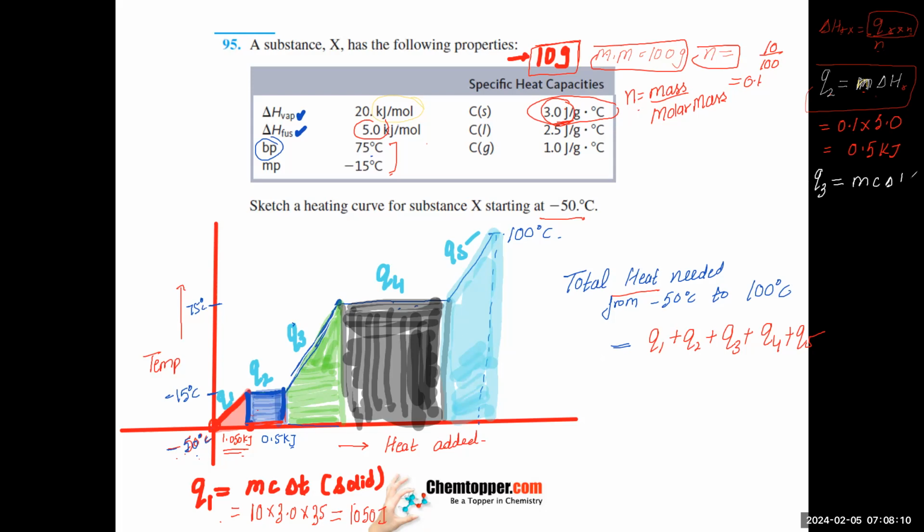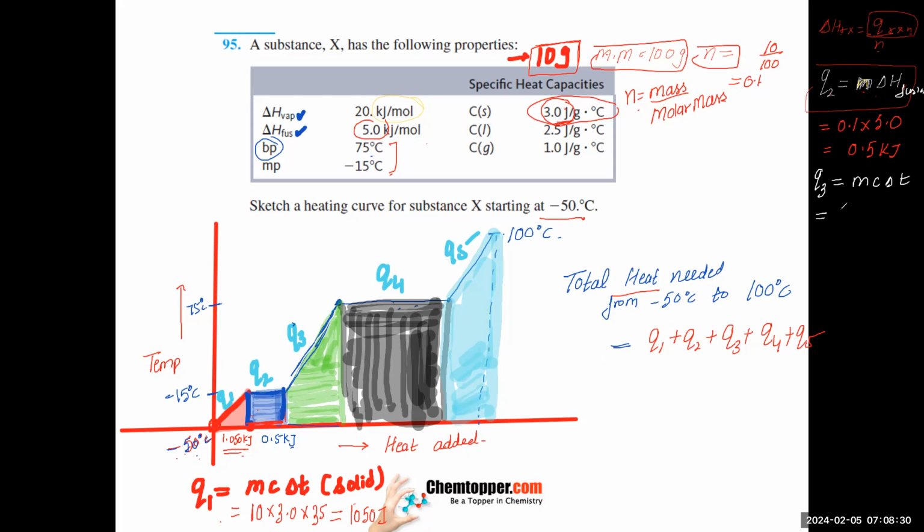MC delta T, because there is a change in temperature. When there is no change in temperature, you cannot use it because delta T is 0. So for Q2, I have to use the fusion equation. For Q3, I will use MC delta T.